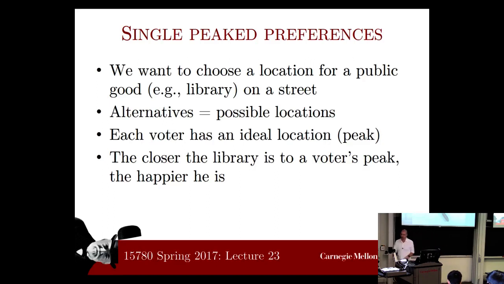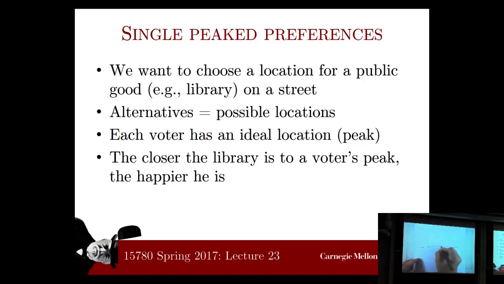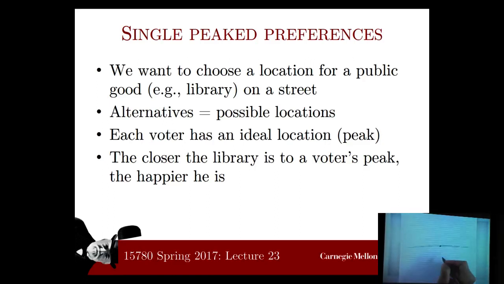So this is the real line, all possible locations for the library, and we have some voter whose peak is at this point. Now if we're comparing this potential location to this potential location, then this rule tells us this location is preferred to this location.